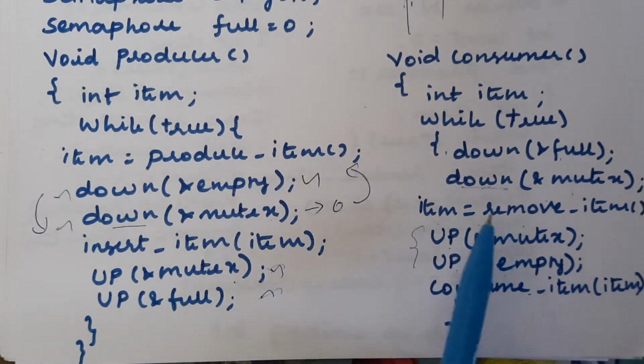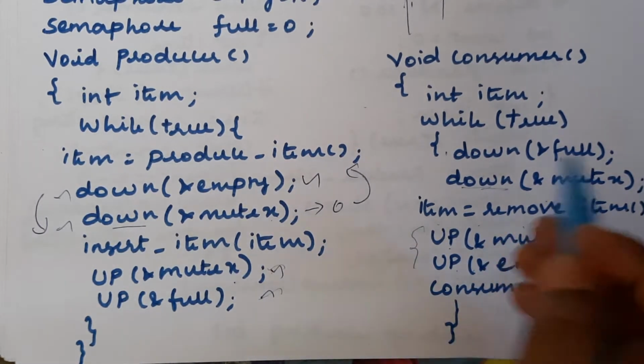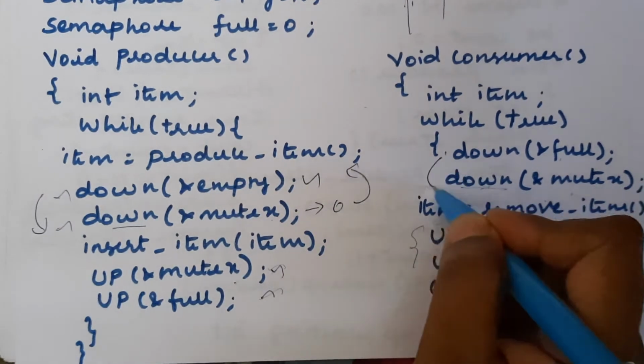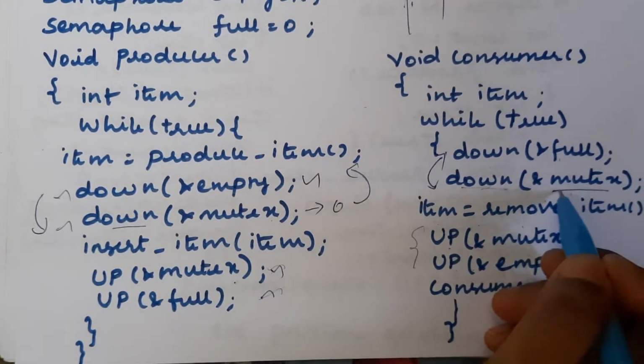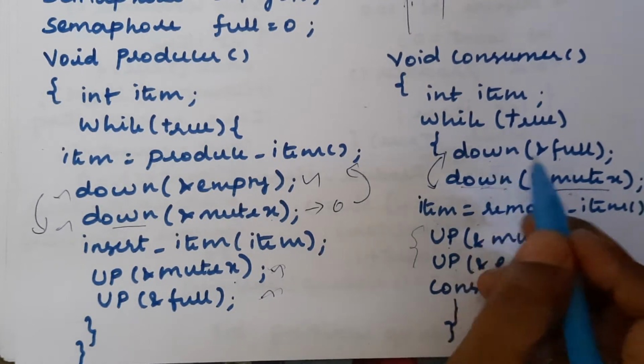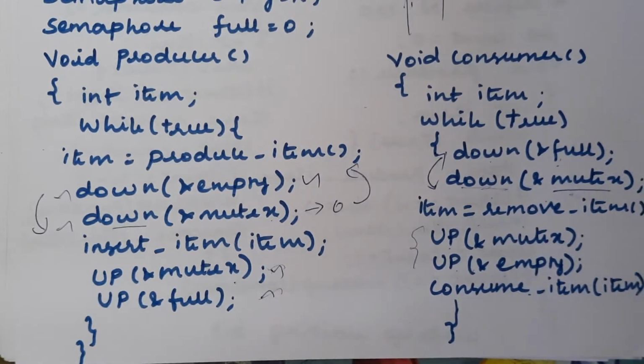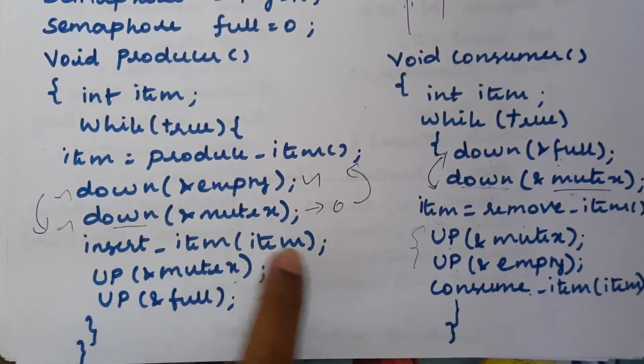After some time, the consumer will also perform two down operations in reverse: first down on mutex, and afterwards down on full. The producer process was already blocked.